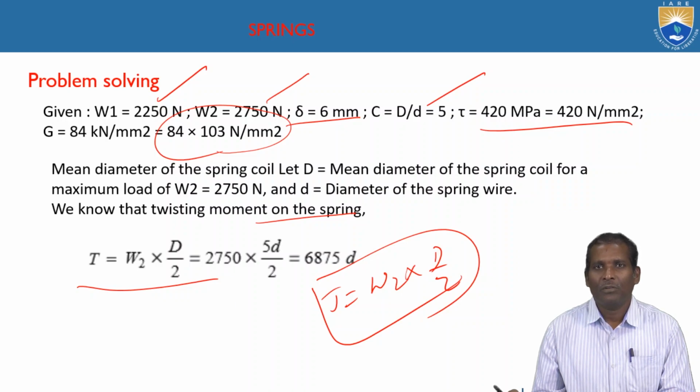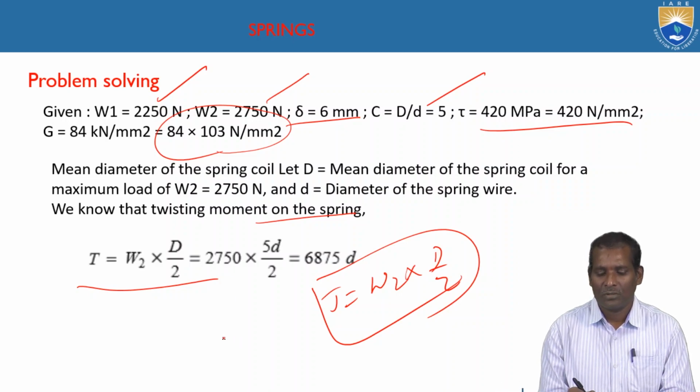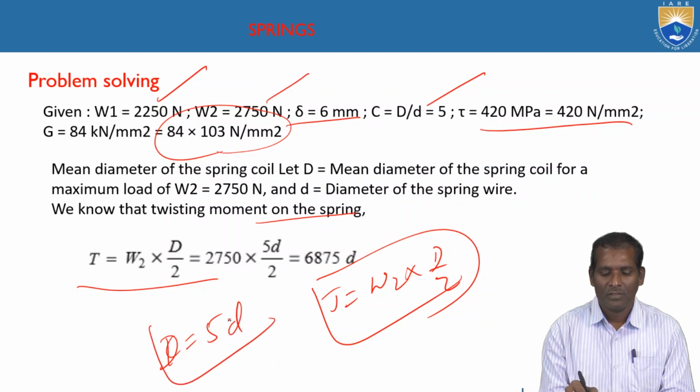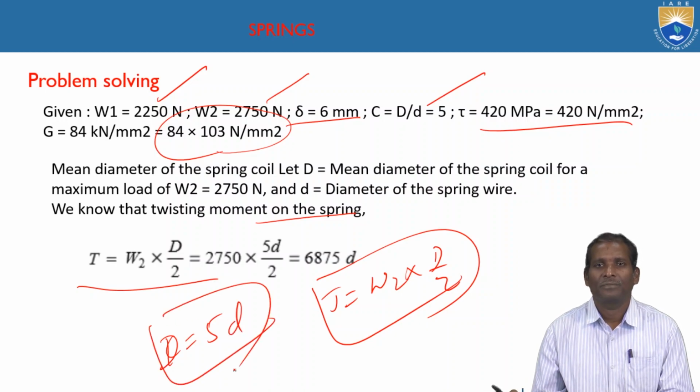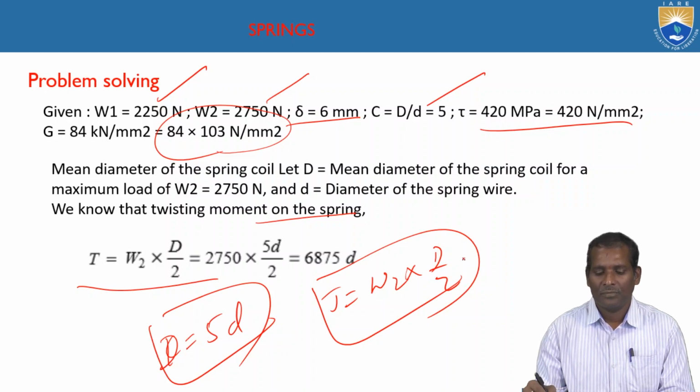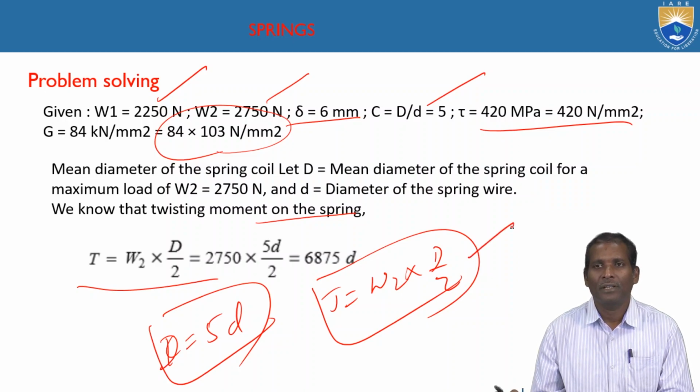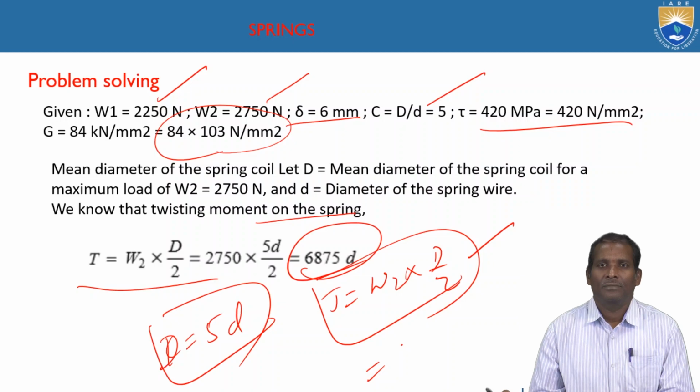But here the mean coil diameter value is not available. The spring index is 5, so you can write capital D is 5 times the diameter of wire. So you can substitute in this twisting moment, and we will get the twisting moment in terms of wire diameter. Clear?